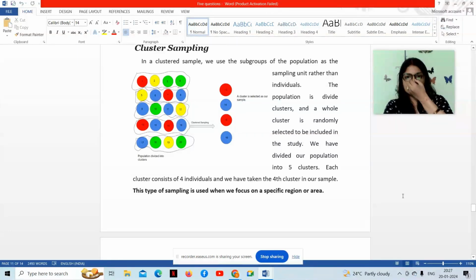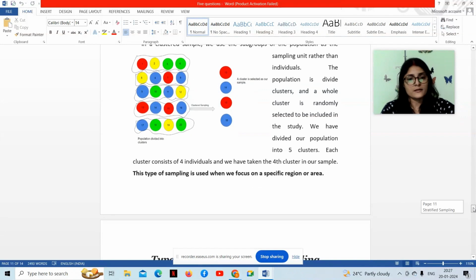The population we have divided into clusters, that is, groups, and then randomly we are selecting which to include. Like, 5 groups we have divided, and suppose we have selected the fourth group in our sample. This type of sampling is used when we focus on a specific region or a specific area.